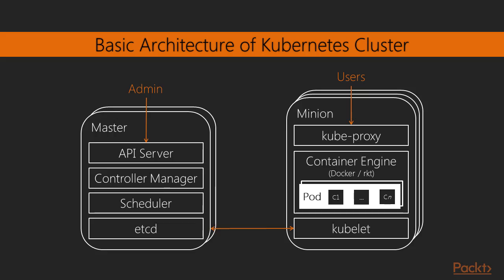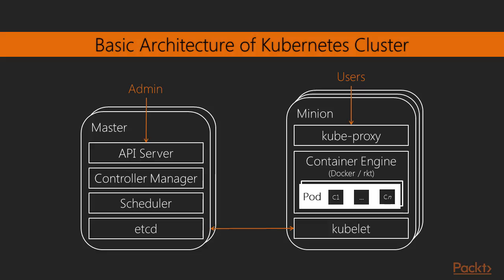So this is the basic architecture of a Kubernetes cluster. And it consists of two distinct node types. On the left-hand side, you see the Kubernetes master. You may have one master, you may have several masters for higher availability setups. And you as an administrator, you mainly interact with the master via a REST API or later on via the Kubernetes CLI.